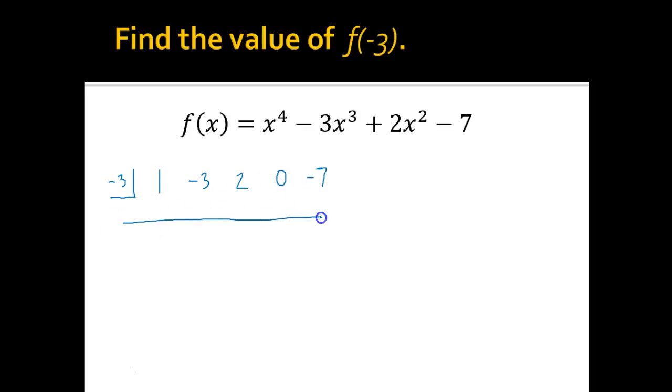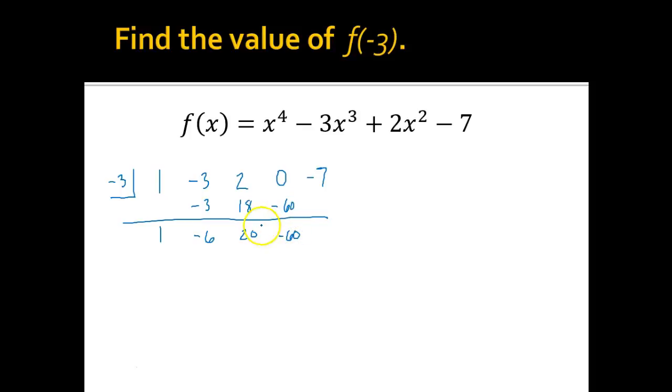We've got to remember to get all the different coefficients of x, including the x's that are maybe missing. Bring down the 1, times negative 3 is negative 3, plus negative 3 is negative 6, times negative 3 is 18, plus 2 is 20, times negative 3 is negative 60, plus 0 is negative 60.